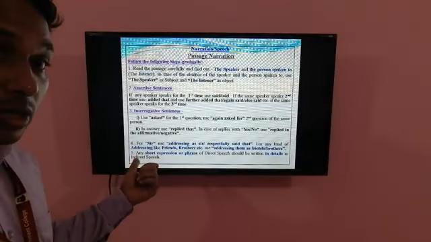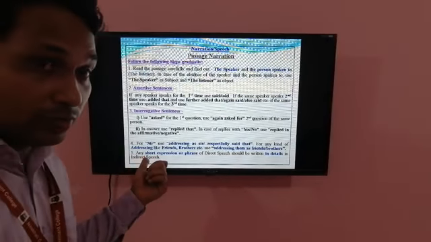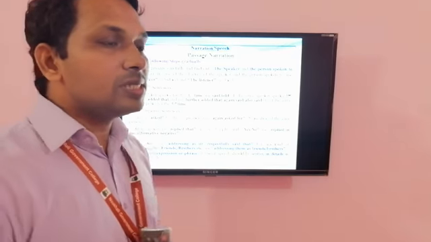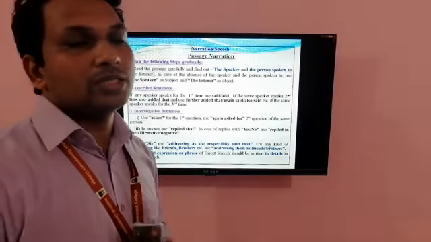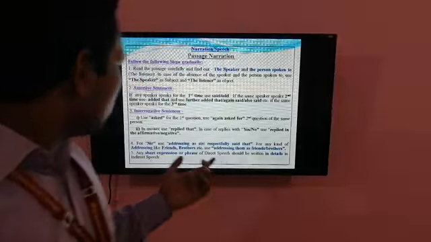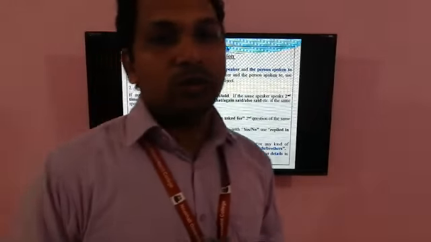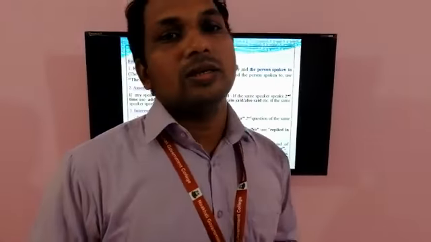Number five, any short expression or phrase of direct speech should be written in detail in indirect speech. Notice this point very carefully. Sometimes you will see that in direct speech some short expression or phrase will be used. But while you change this direct speech into indirect one, you have to write it elaborately.